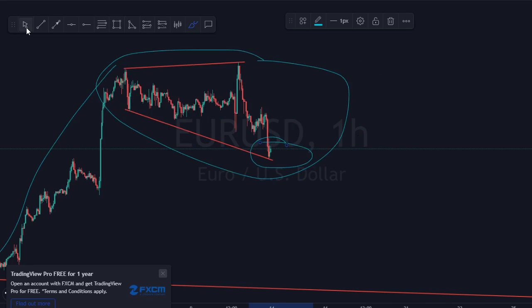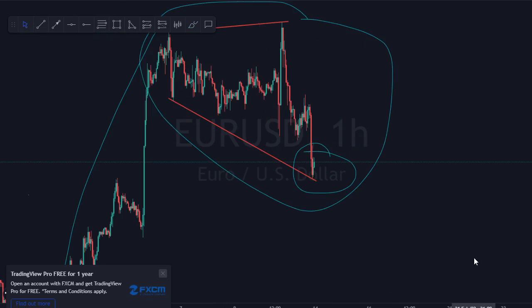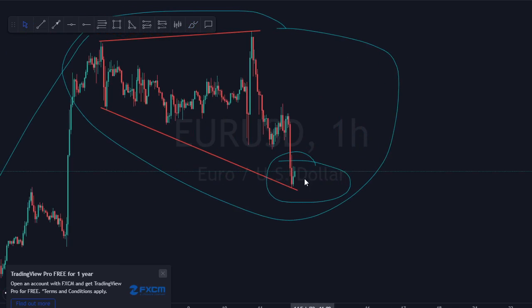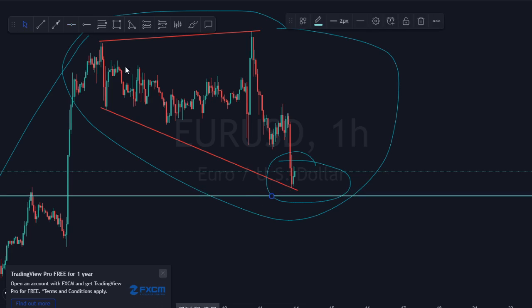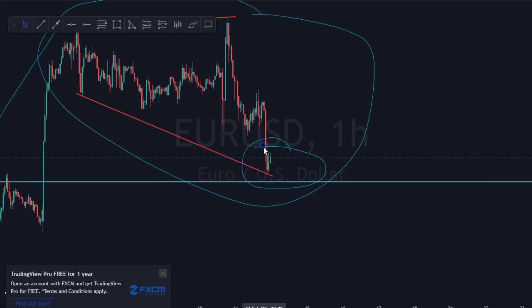Let me just zoom in. Usually I would buy right here guys. I would put my pending order right here, stop loss just below my entry. Okay, what's going on? Okay, this is the wrong one.